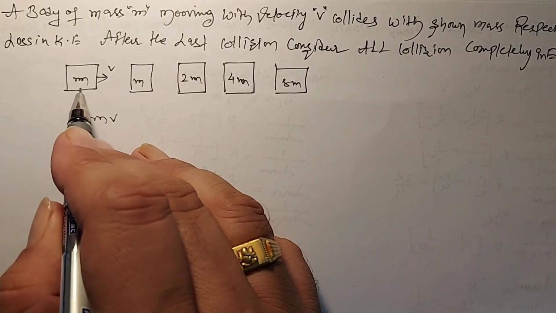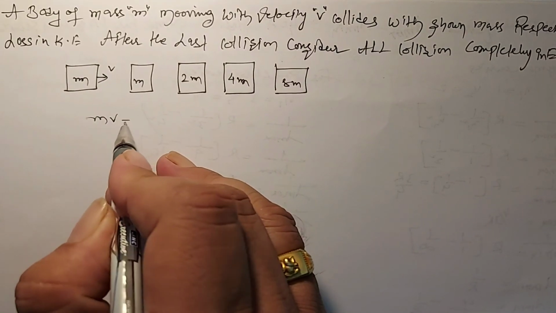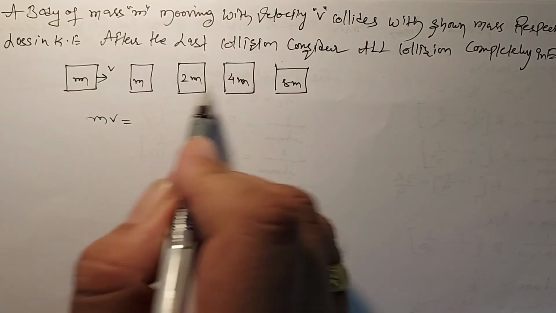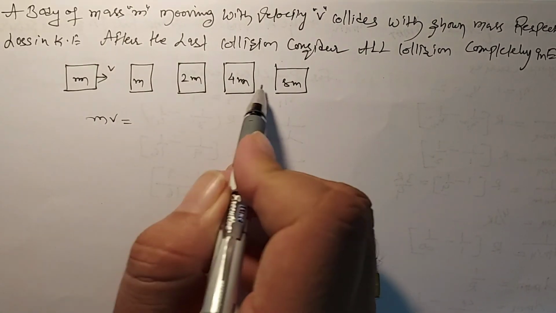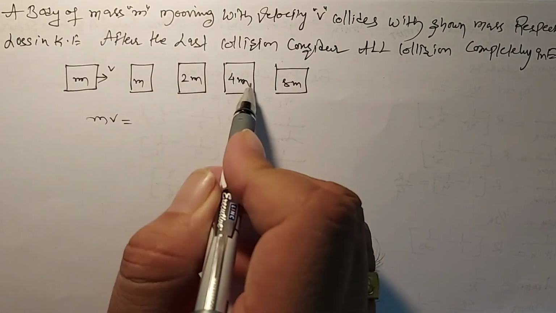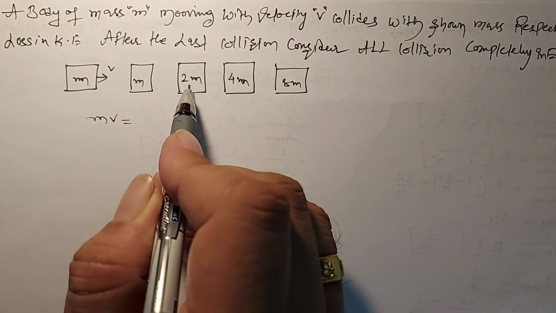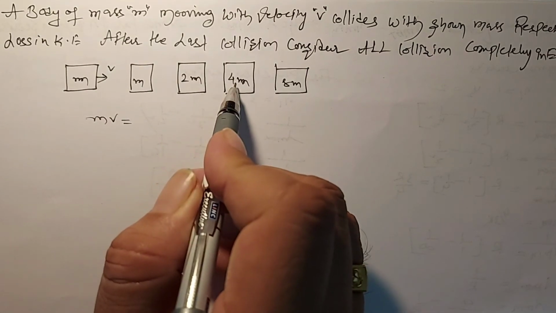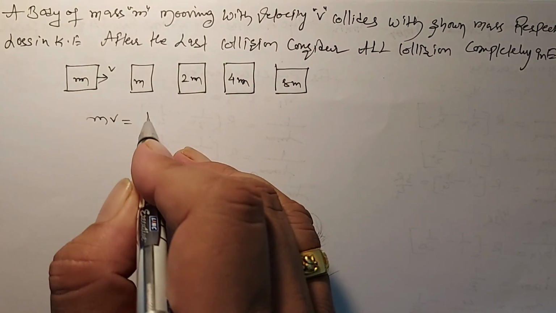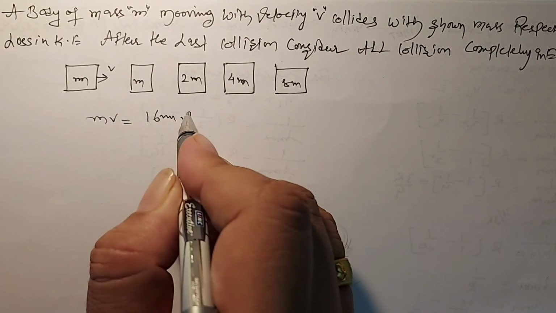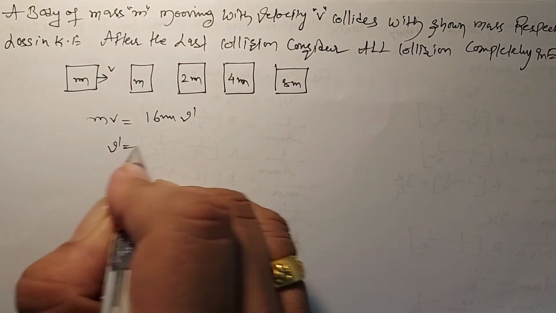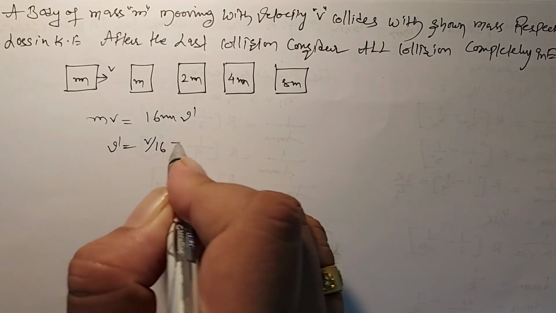After this body strikes the other masses, the total mass adds up as they stick together: m plus m is 2m, 2m plus 2m is 4m, 4m plus 4m is 8m, 8m plus 8m is 16m, with combined velocity v dash. So v dash is equal to v by 16. Equation 1.